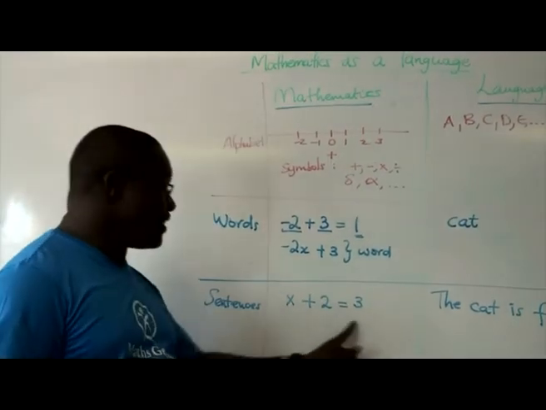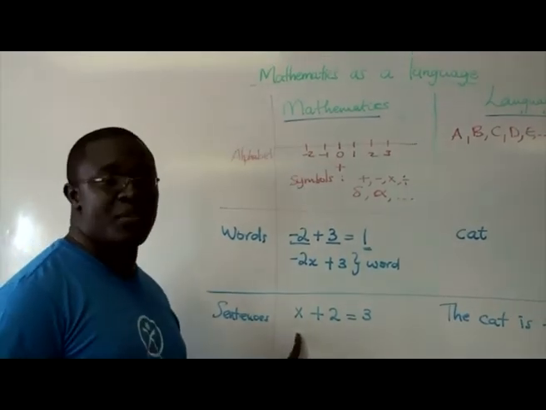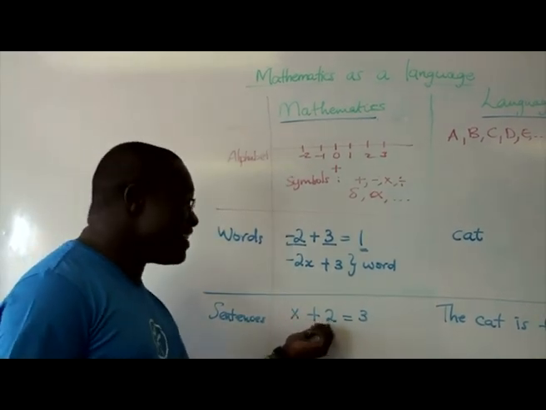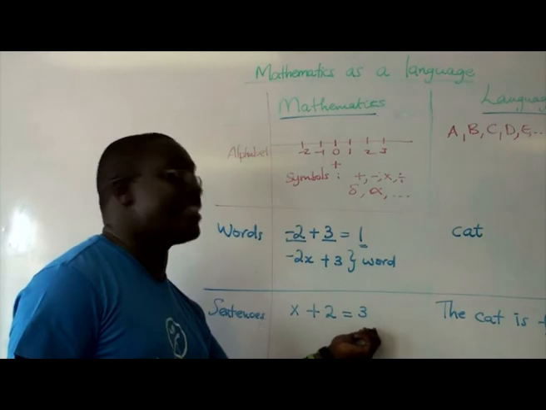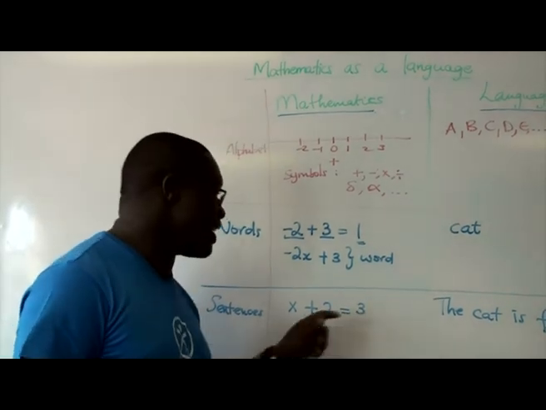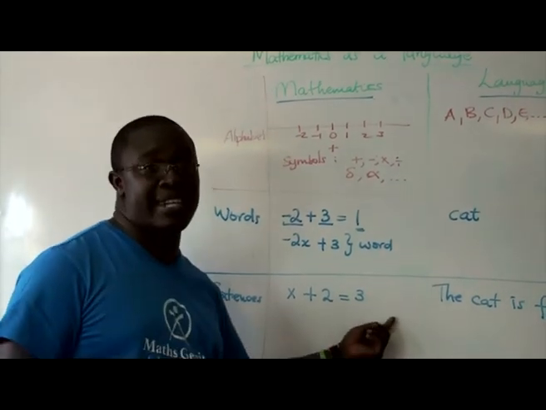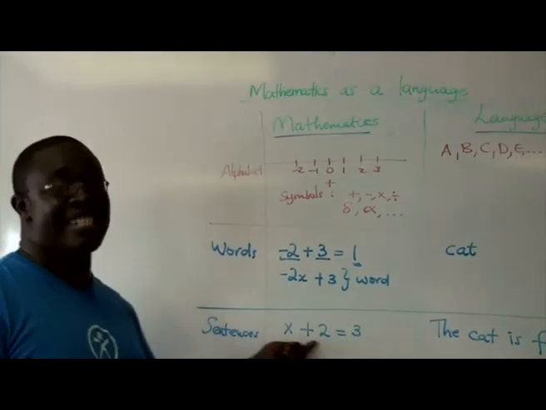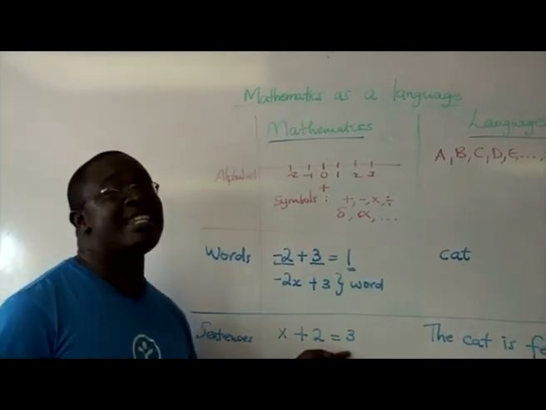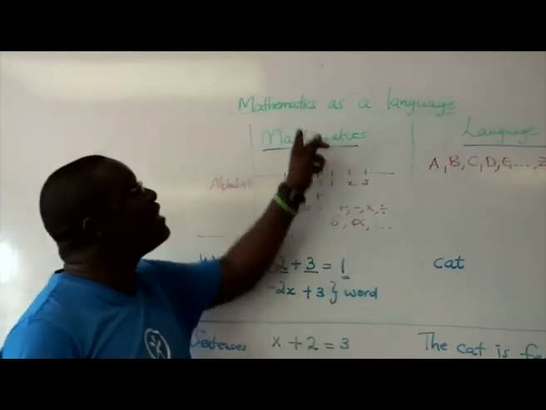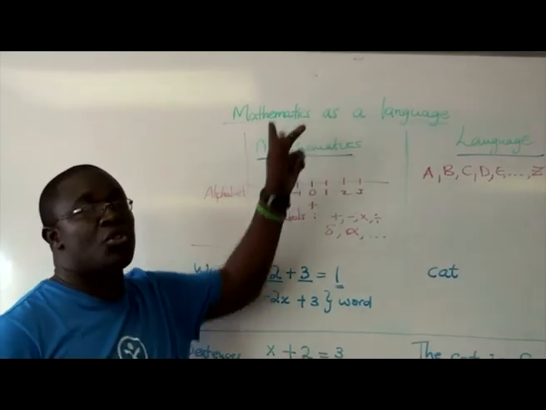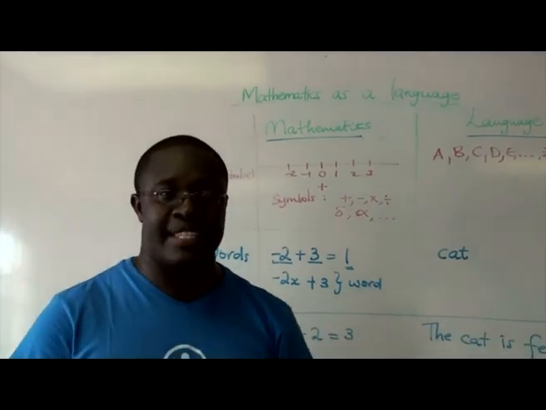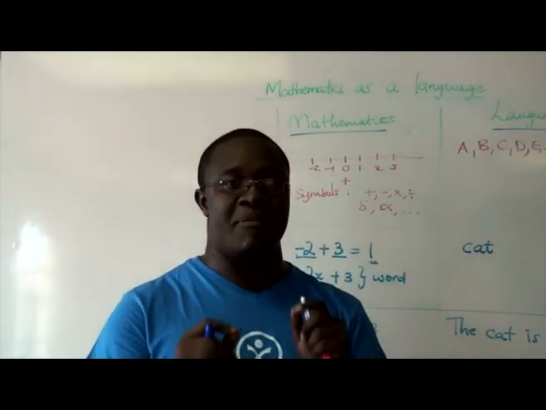So if I was to read this sentence in English, it would say, I have some number and I added 2 and my final result was 3. So what is that number? So can you see that this is actually a sentence, but only that it's written in a different language, which is mathematics.